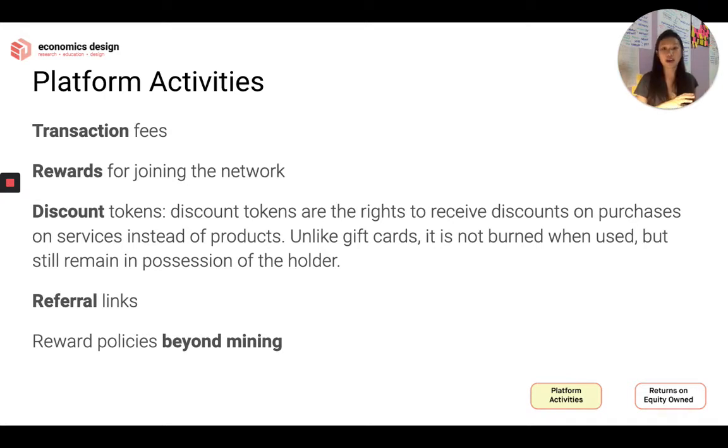We're going to talk about that in architecture. But right now we're talking about collecting transaction fees, what they can be for, and what the incentives are. The other one is rewards for joining the network. We talked about that in market design as well, as in trying to create thickness in the market.